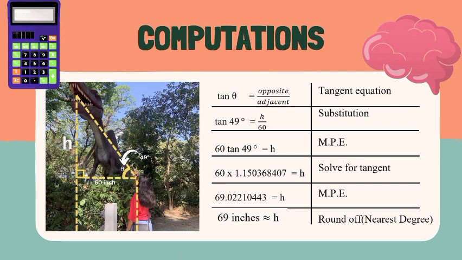After that, we solve for tangent 49 and we will get 60 times 1.15 is equal to height. And finally, we can use the multiplication property of equality again to find the height, and we got 69.02, or 69 inches if it is rounded off to the nearest degree.